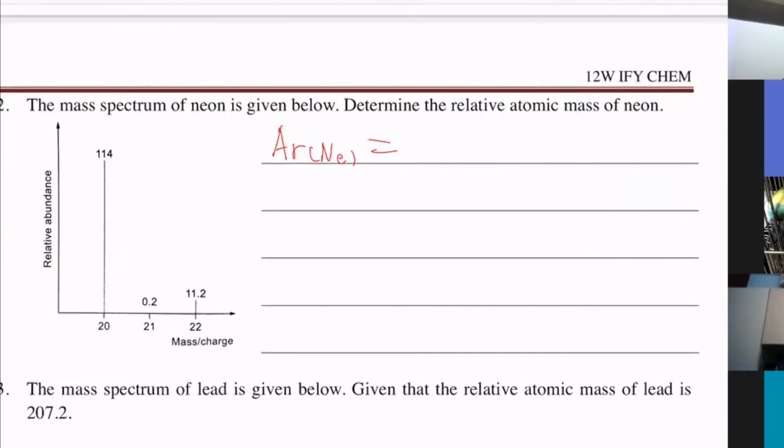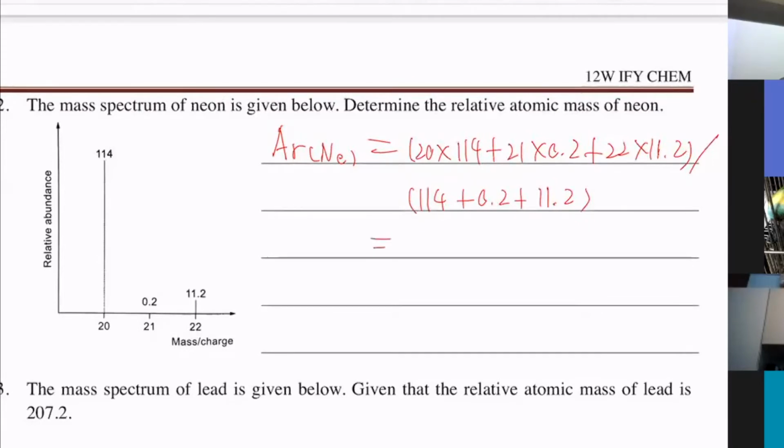So for this one, first of all, the mass times its abundance, and then divided by the sum of all the relative abundances.